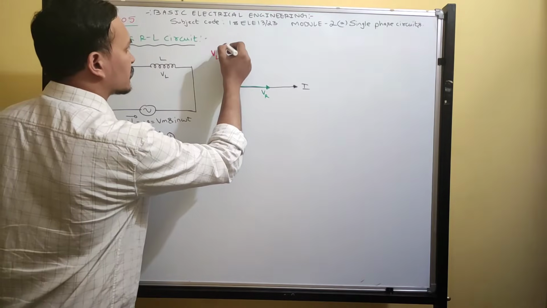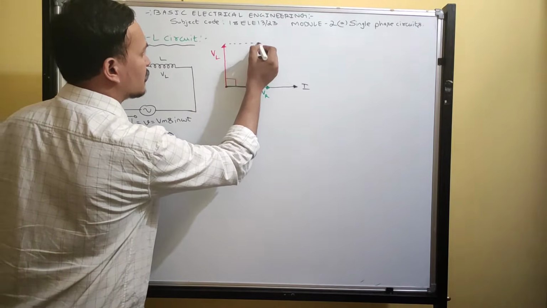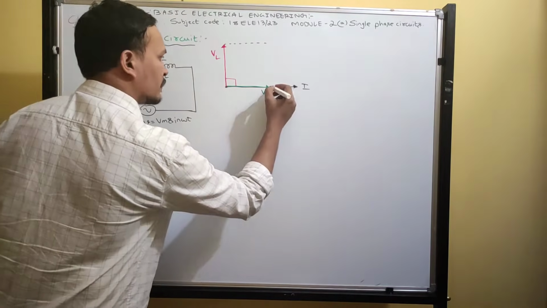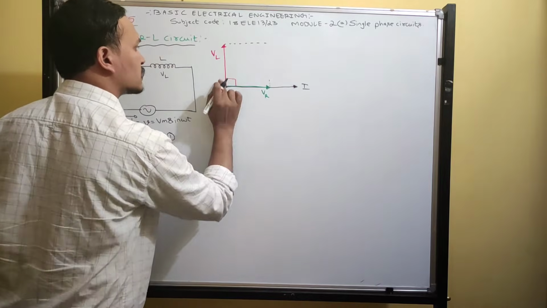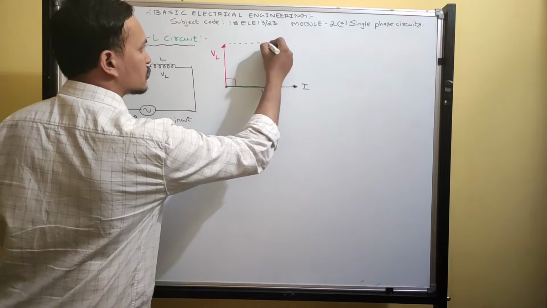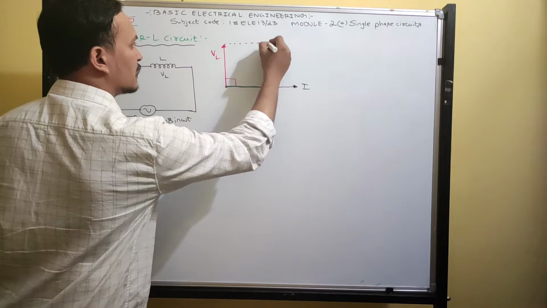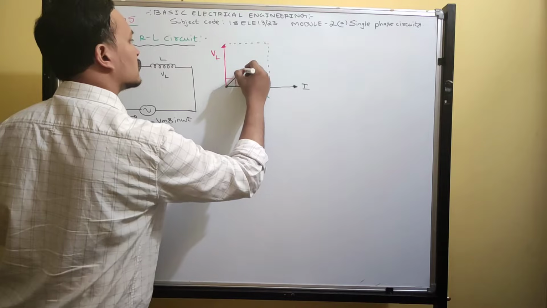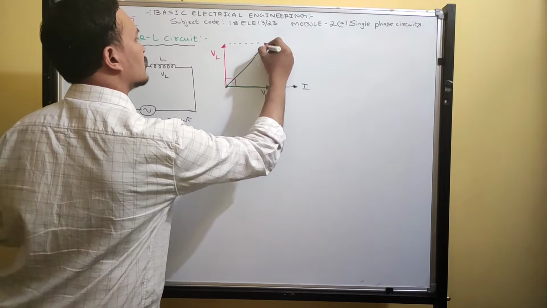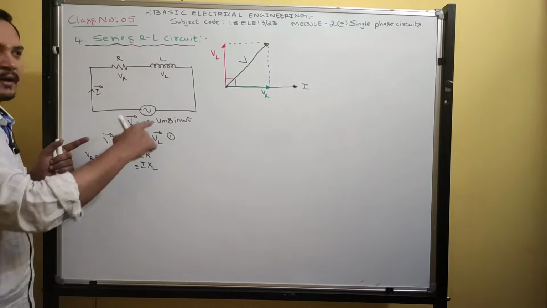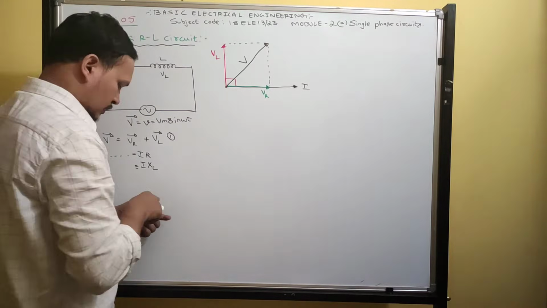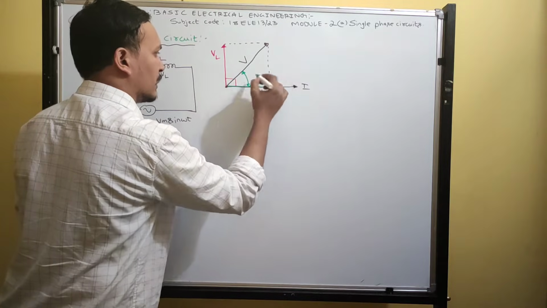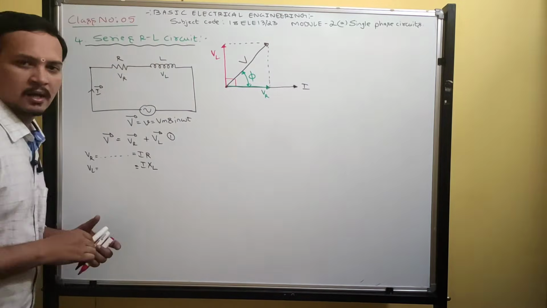Now, joining these two vectors, from this point draw a line parallel to this vector of same length. Next, from this point draw a line parallel to the other vector of same length. By drawing like that, you will get a resultant vector. This resultant vector is nothing but the overall voltage connected across the circuit. The angle between voltage and current is the phase angle phi.